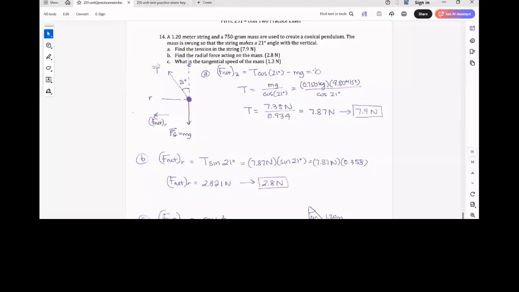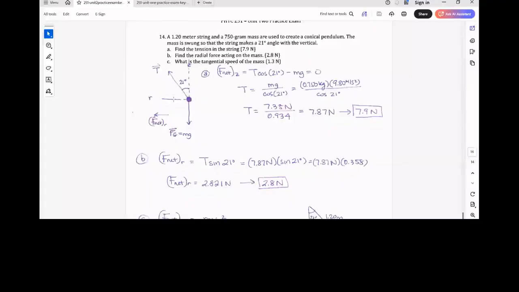I subtract off the gravitational force. That has to equal 0, because spinning an object like this wouldn't make the mass accelerate toward the ceiling. It also wouldn't make it accelerate toward the floor. So I know those balance. I can solve for tension, and the tension value that I get is greater than just the gravitational force acting on the mass. This is more like 7.9 newtons as opposed to 7.4 newtons.